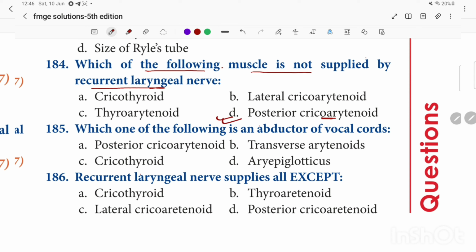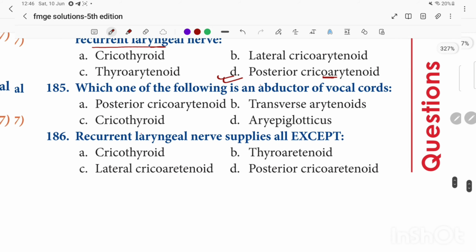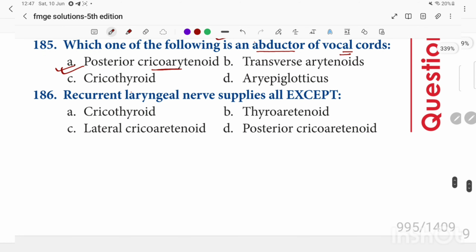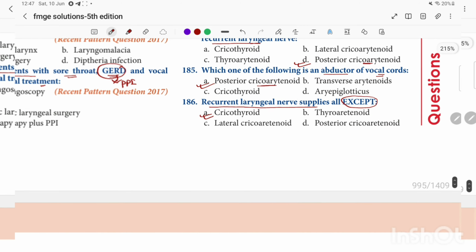Which one of the following is an abductor of the vocal cord? Posterior cricoarytenoid. The recurrent laryngeal nerve supplies all except which? Posterior cricoarytenoid, thyroarytenoid, lateral cricoarytenoid; cricothyroid is not supplied by the recurrent laryngeal nerve. So the answer is cricothyroid.